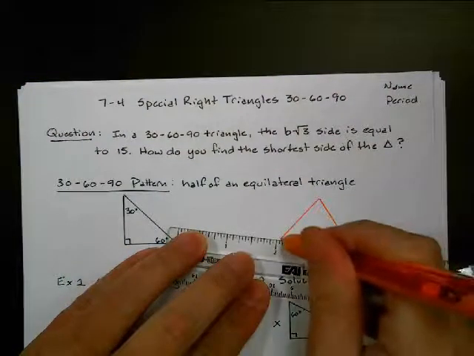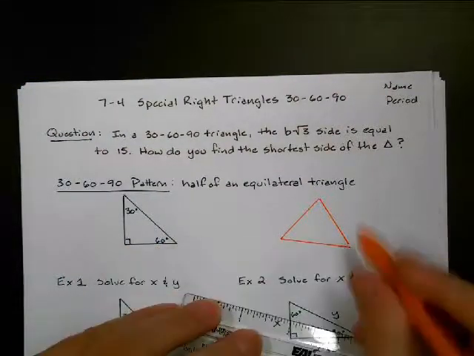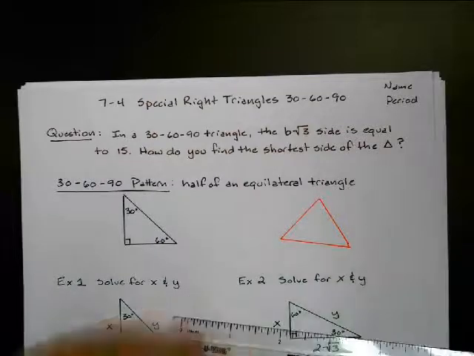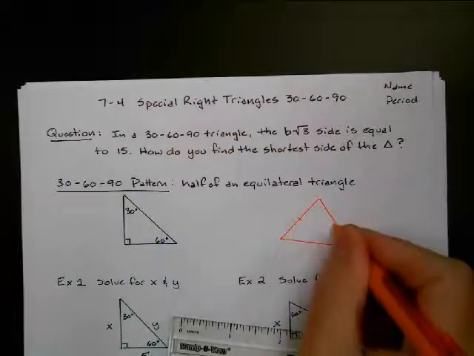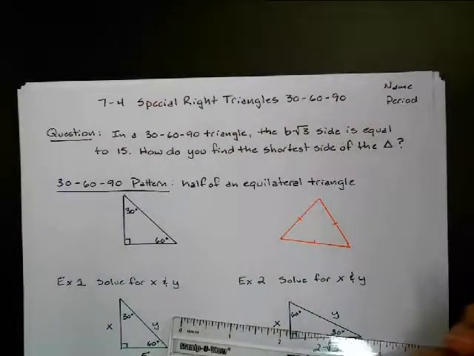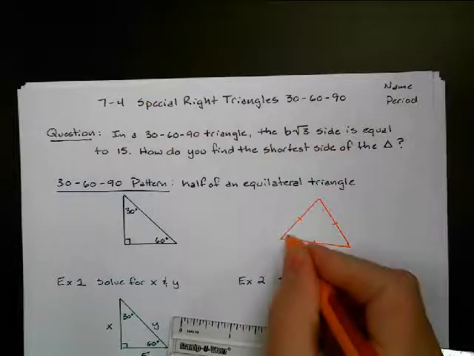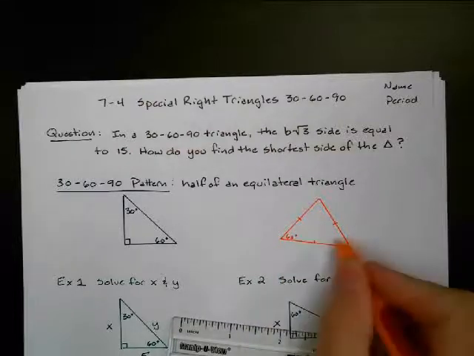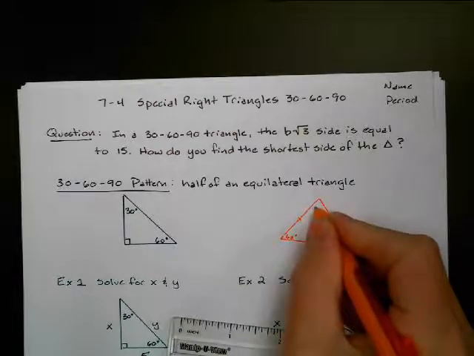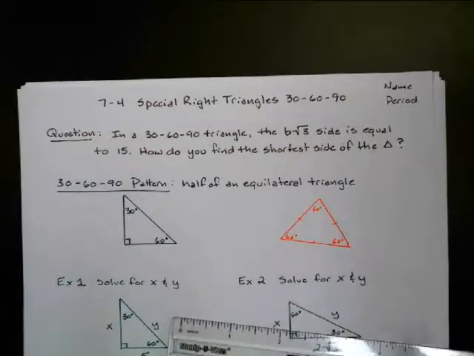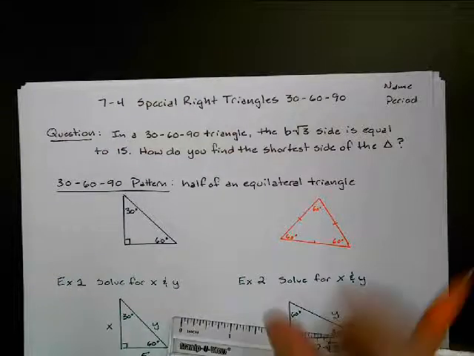All right, let's say this is an equilateral triangle. Now we know in an equilateral triangle, all the sides are the same and all the angles are the same. And we learned that they were all 60-degree angles because the triangle sum theorem says they have to all add up to 180 degrees.